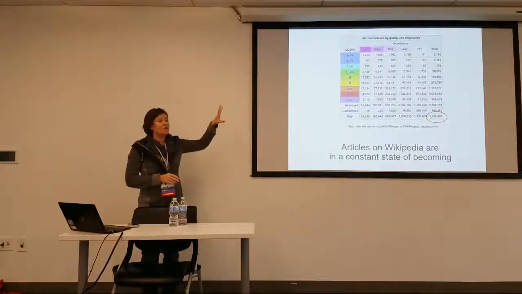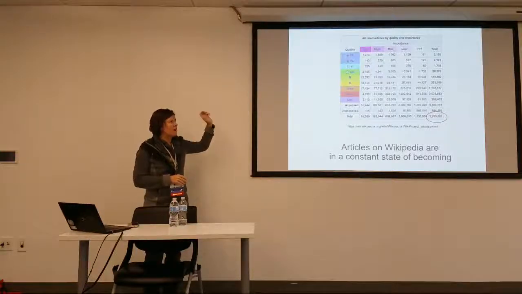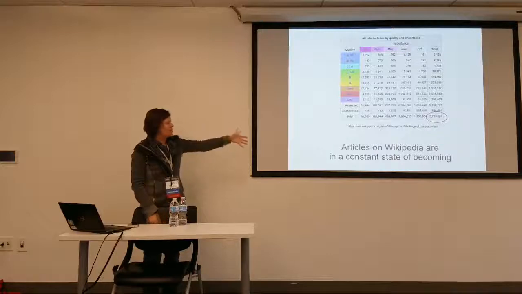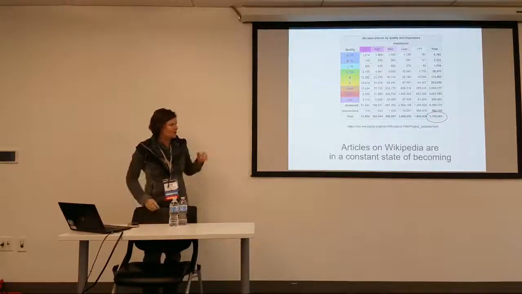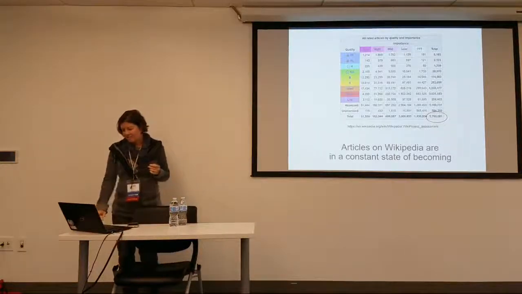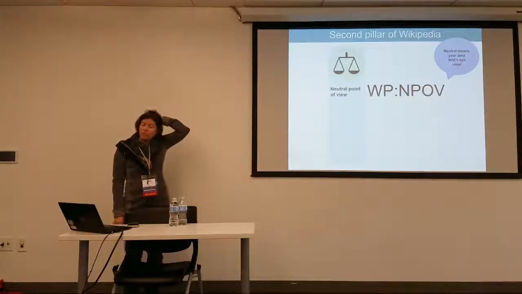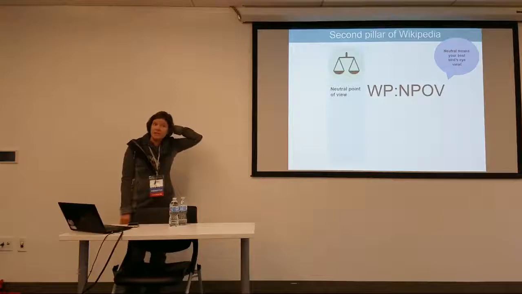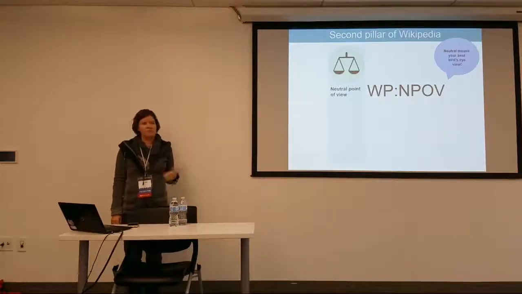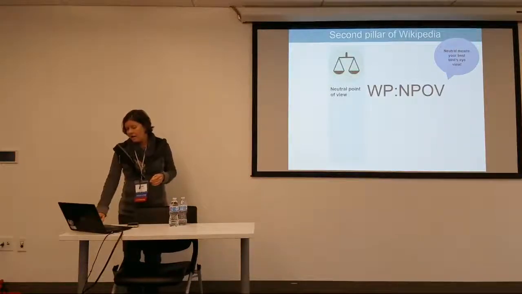But you can see here that there's a great range in the quality. And there's Monica's quote: articles on Wikipedia are in a constant state of becoming. So we're going to go through now a neutral point of view, which is another really important thing about Wikipedia.